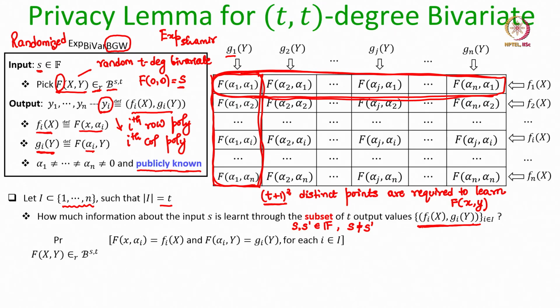So, that means whoever is observing these t x and y univariate polynomials cannot pinpoint whether the experiment was run with the input S or with the input S prime.